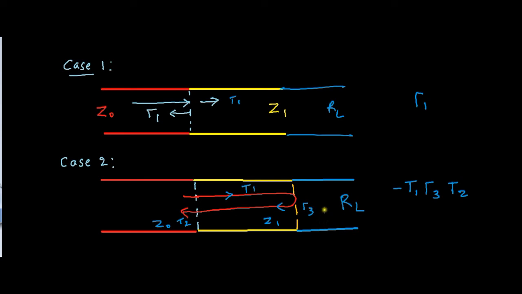The transmission coefficient will also have the same sign convention as the reflection coefficient. It is related to the voltages. Those who are interested in learning how this transmission coefficient is derived can leave a comment, and I will put the link in the description. That is not in the scope of this video.